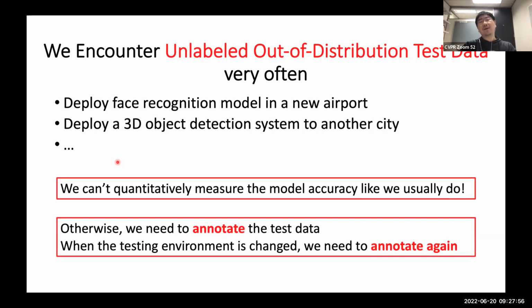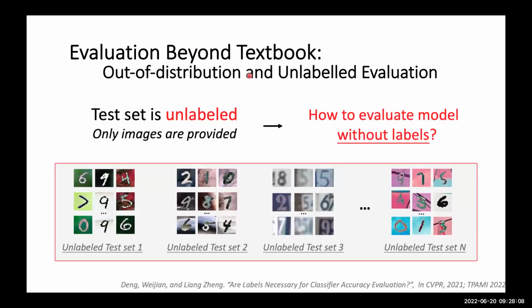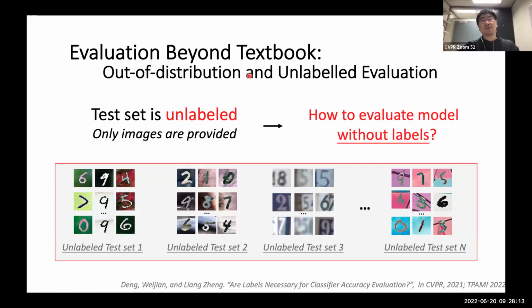That is, can we evaluate our model's performance on unlabeled out of distribution test data? So what we want to do is evaluation beyond the textbook, out of distribution and unlabeled evaluation. Suppose our test set is unlabeled.